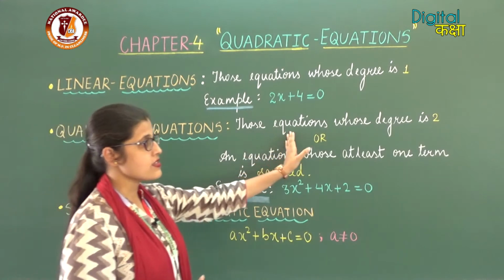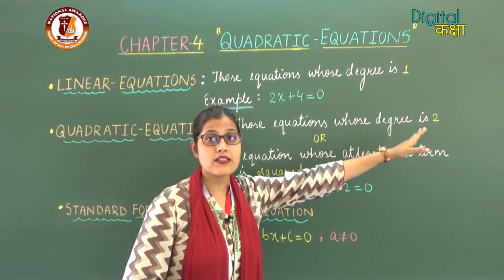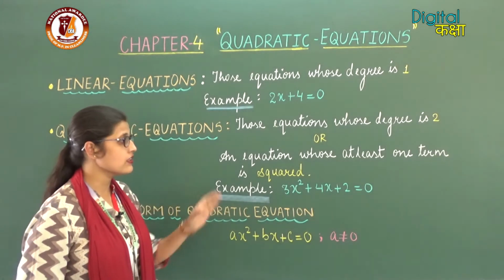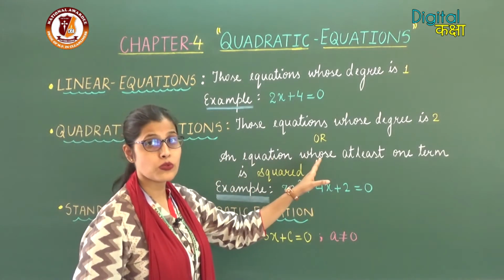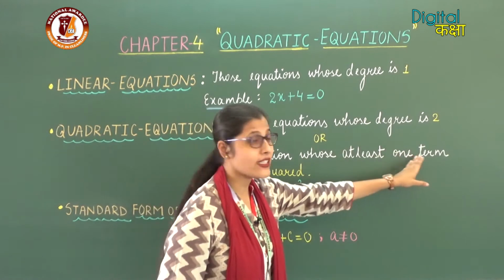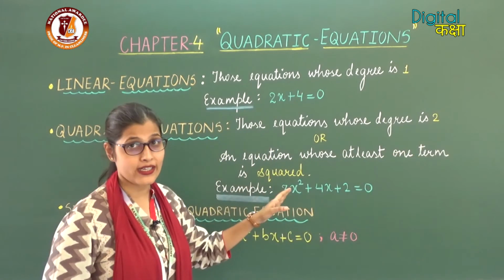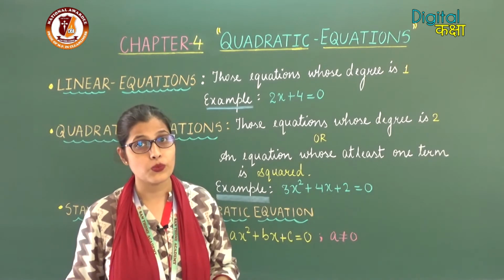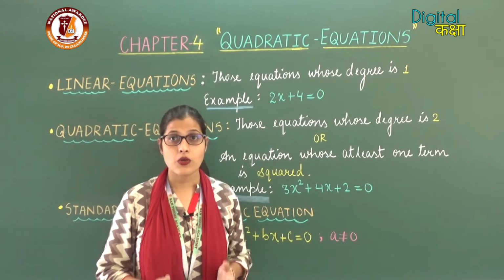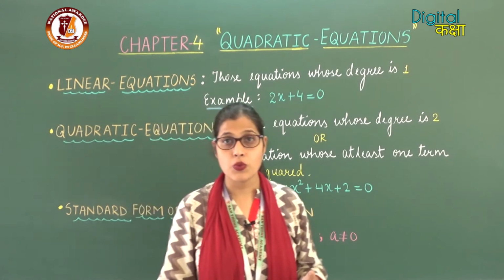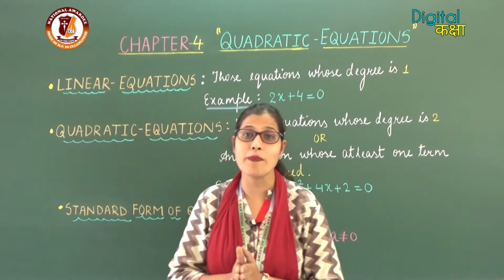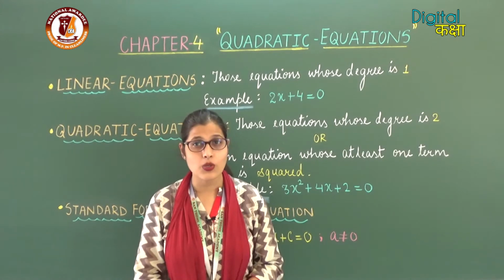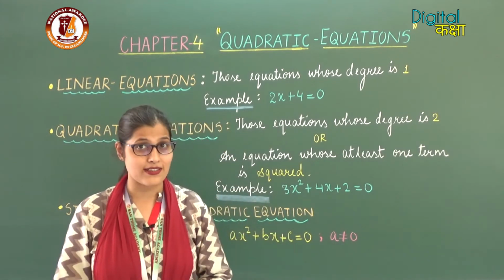Those equations whose degree is 2, or you can read it as an equation in which at least one term is squared. Squared means having a power 2. So such equations whose degree is 2 or whose highest power is 2 are called quadratic equations.